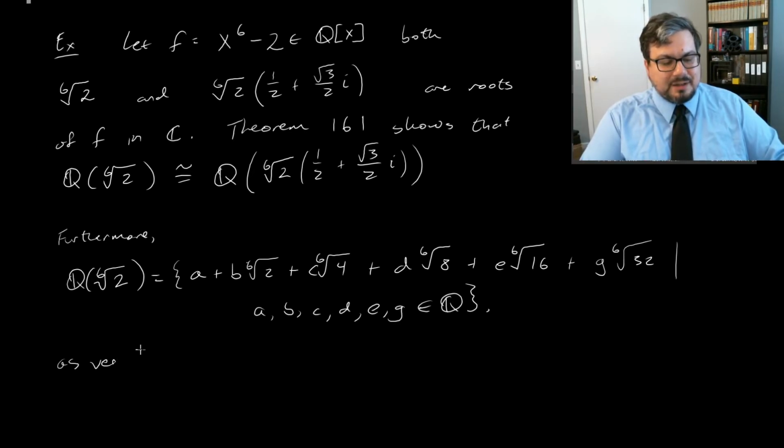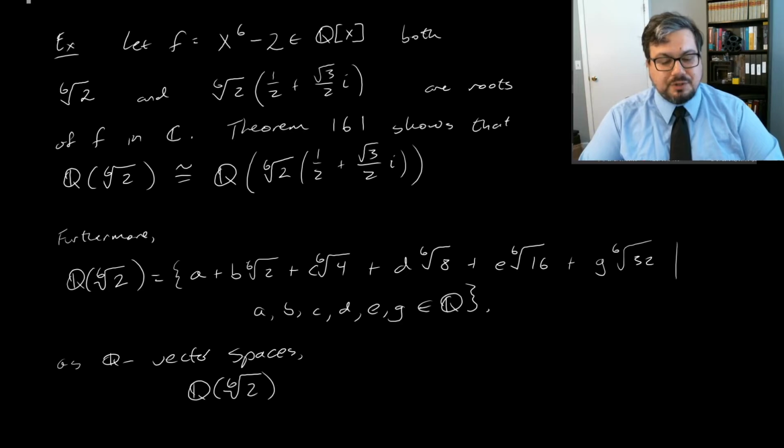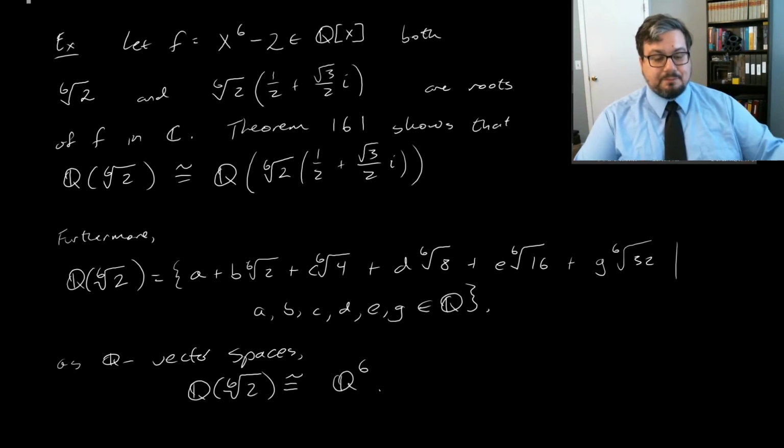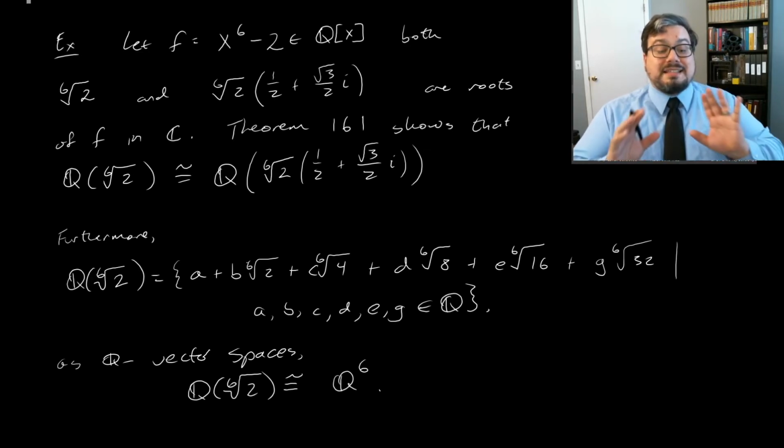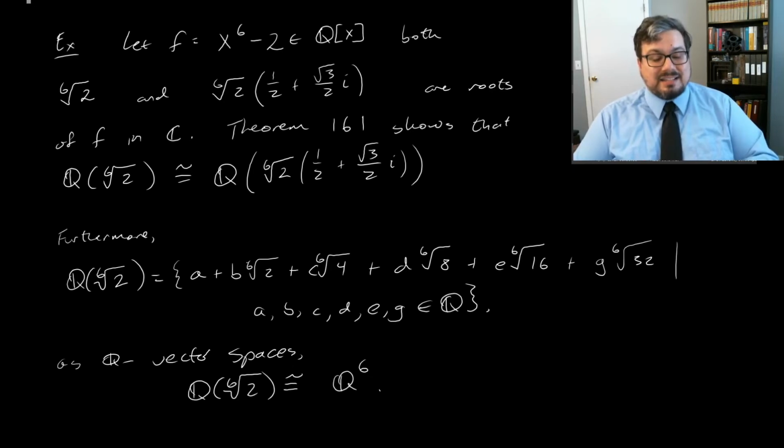So as Q vector spaces, Q of the sixth root of 2 is isomorphic to just Q^6. Now, these are isomorphic as Q vector spaces. They are not isomorphic as Q extension fields.